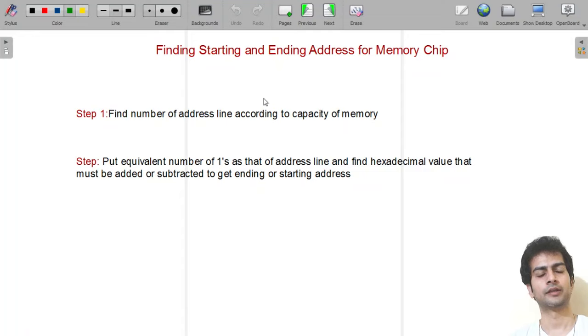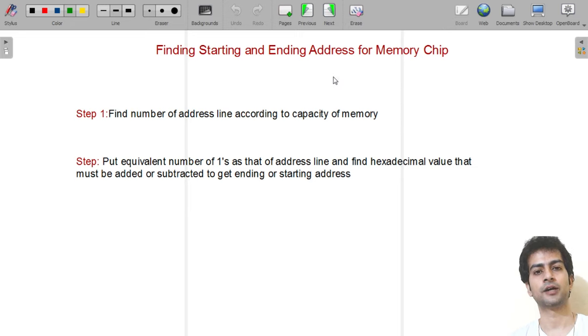Now there are two important concepts related to memory mapping. So let's quickly cover these two concepts, and then we will move forward to the instruction set. The first one is finding the starting and ending address for a memory chip.